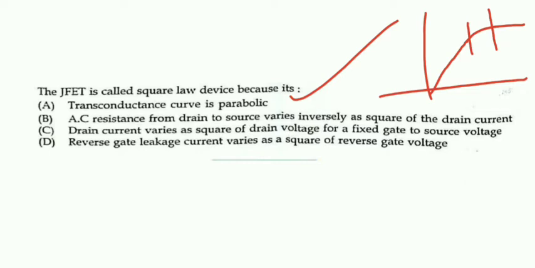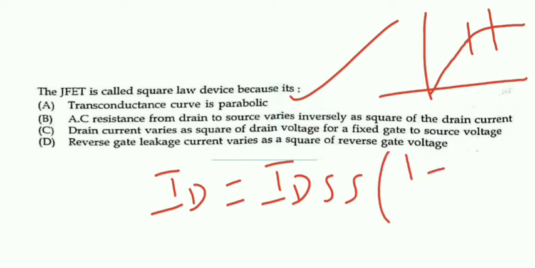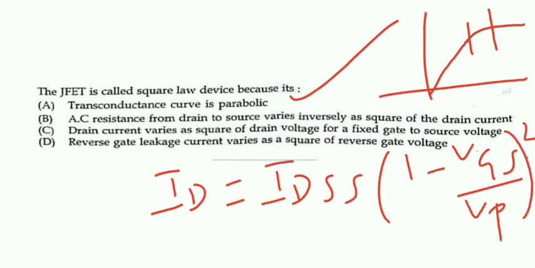So it is a square law device because it is having an equation ID is equal to IDSS into 1 minus VGS by VP, whole square. So output ID is the square of the input, so it is a square law device. If you draw the curve, it will become a parabola. That's why it is called a square law device.